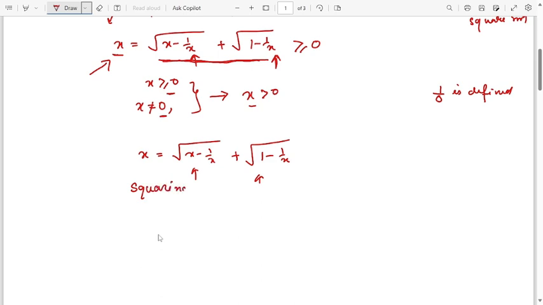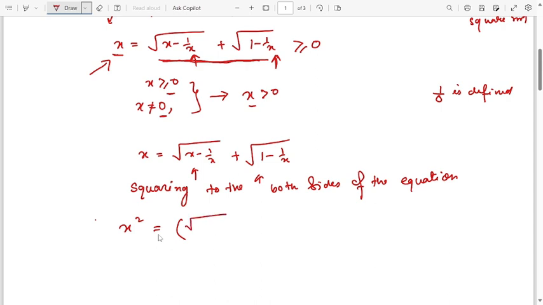So what we are going to do is square both sides of the equation. Then what we are getting? This is x square, equals square root of x minus 1 by x plus square root of 1 minus 1 by x, whole square.